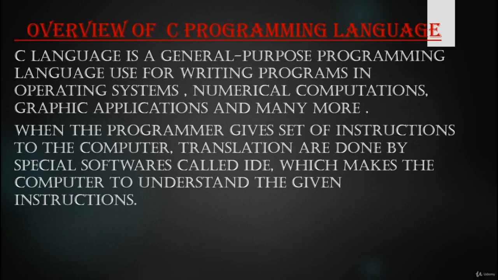Now, C language is a general purpose programming language which is used for writing programs in operating systems, numerical computations, graphic applications, and many more. Now, when a programmer gives sets of instructions to the computer, translations are done by special software called IDE, which makes the computer understand the given instructions.